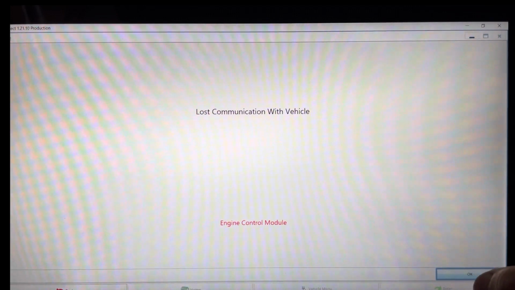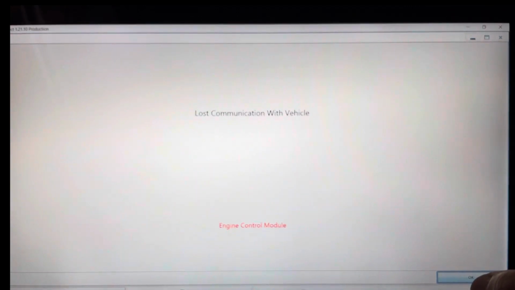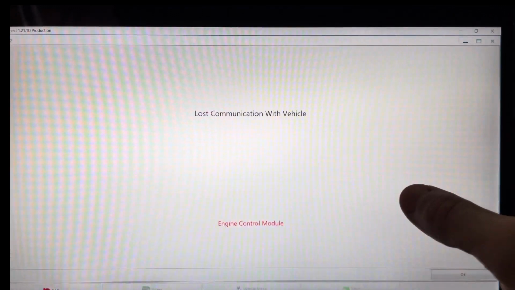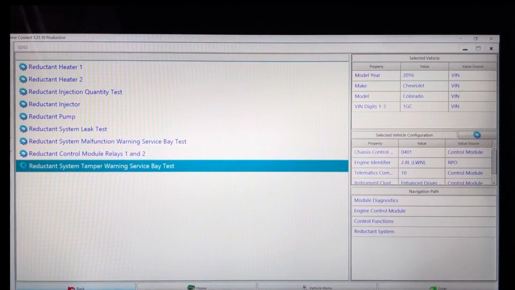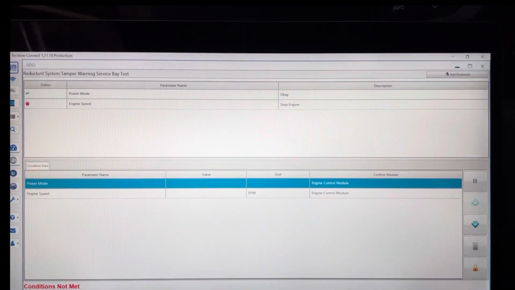Don't know what's up with that. You know what? I'm probably going to end up having to do a battery disconnect because this is probably a logic lock condition. Basically, things aren't making sense. There's nothing I can do at this point. I can't initiate the self-test because of the equipment.